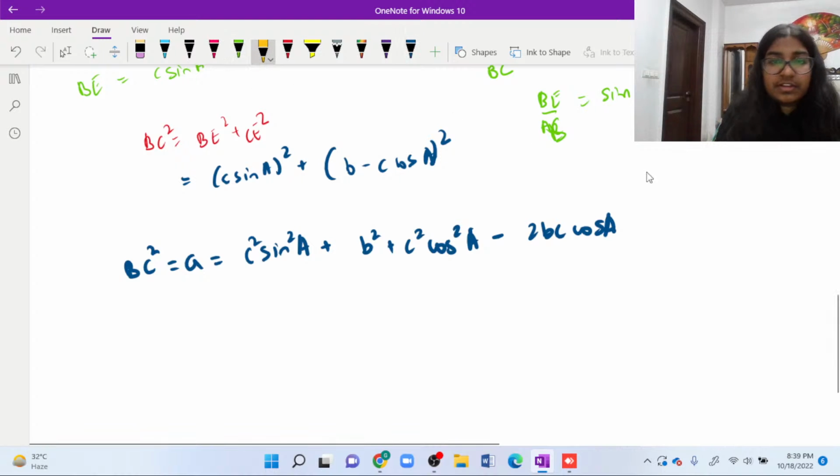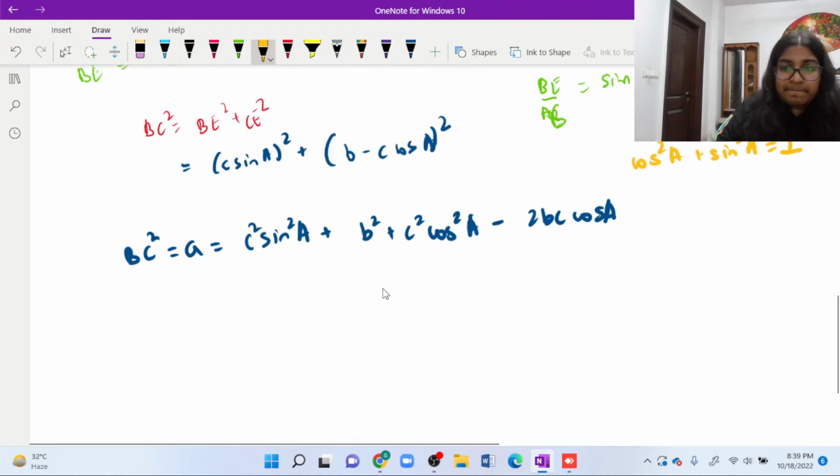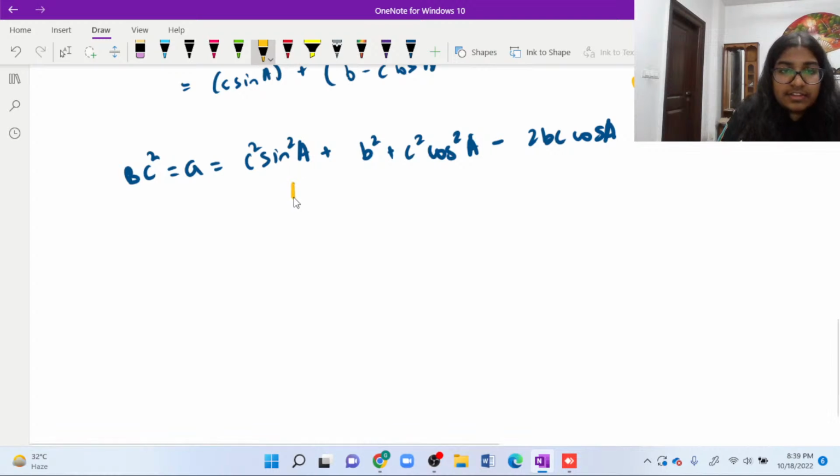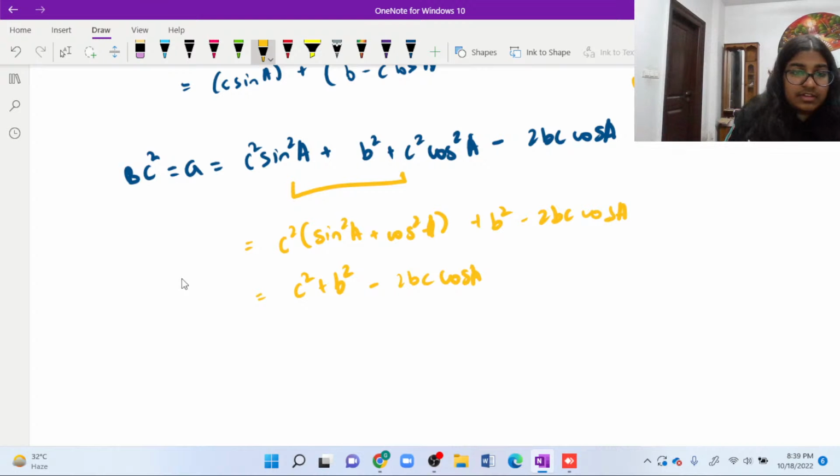Now we know that cos square A plus sin square A is always 1. So if we add these two, we'll get C square times sin square A plus cos square A, plus B square minus 2BC cos A, which is just C square plus B square minus 2BC cos A, and the left hand side is A square.